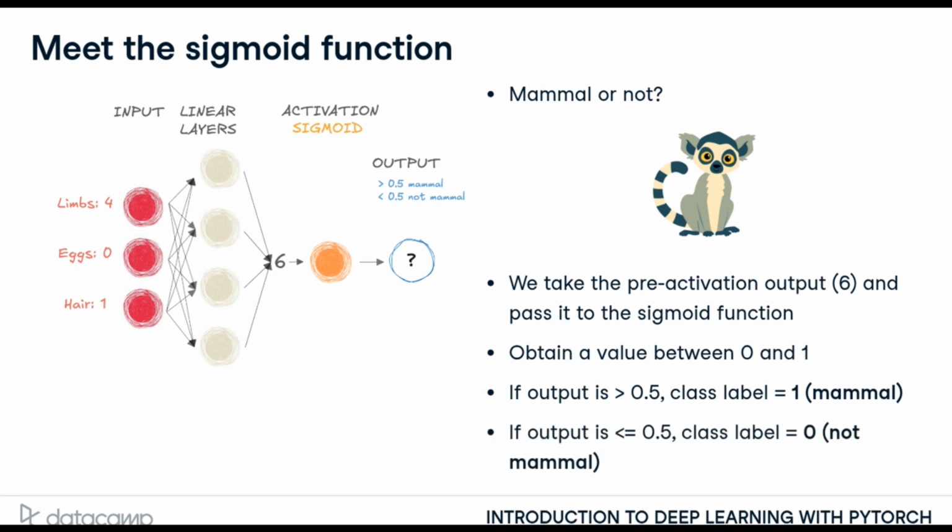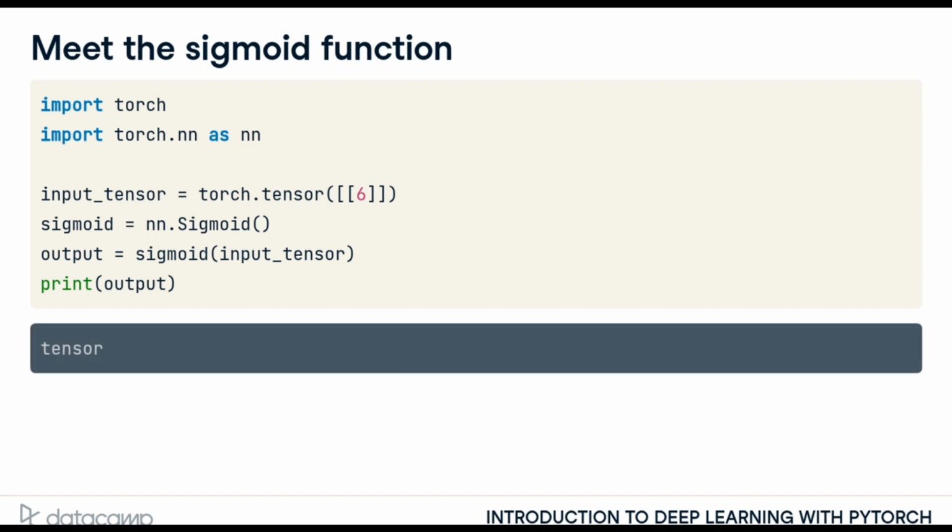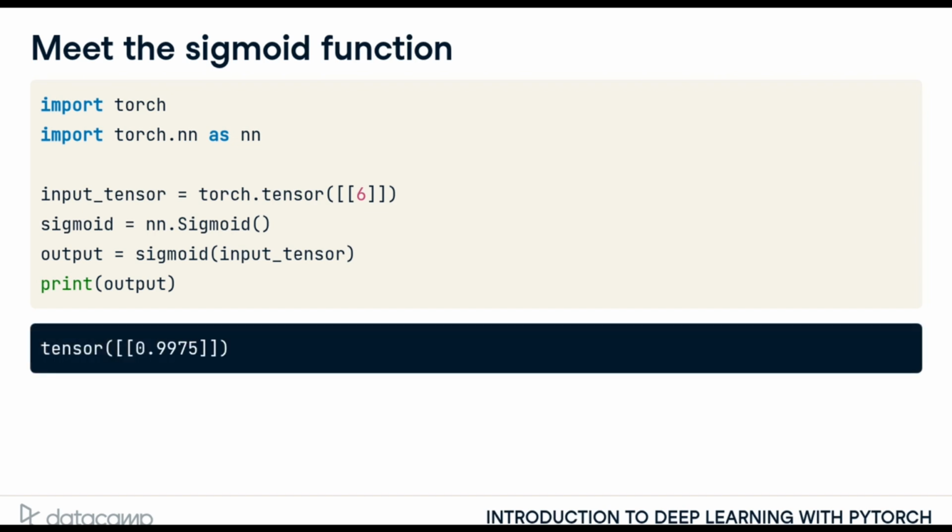If it were less than 0.5, the prediction would be 0, not a mammal. Let's implement sigmoid in PyTorch. Here, nn.Sigmoid takes a one-dimensional input tensor of value 6 and returns an output of the same size, meaning it is also one-dimensional. The output is now bounded between 0 and 1.